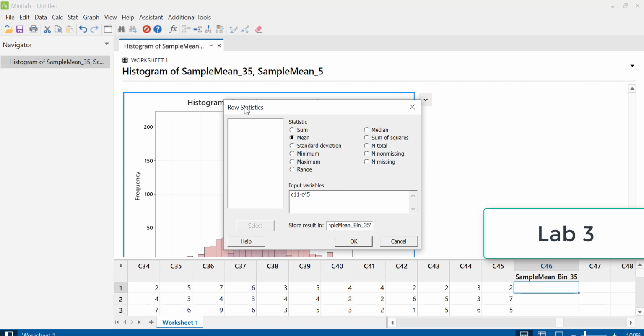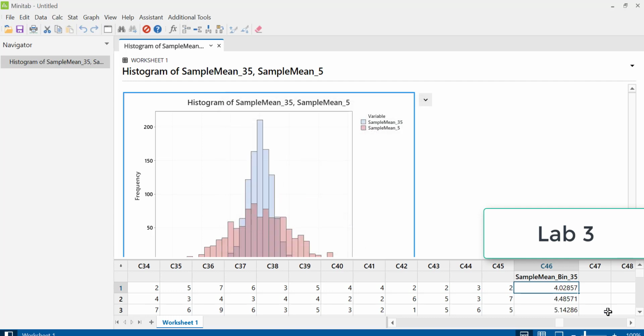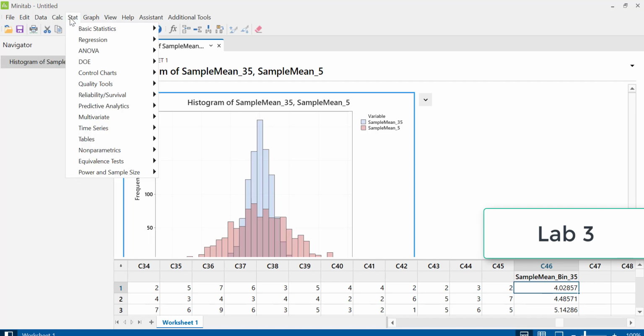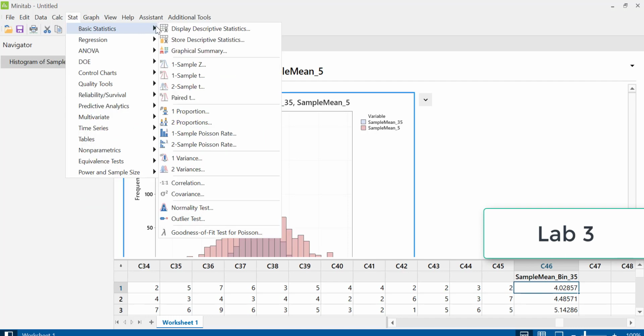So we calculate for each row the mean from column 11 to column 45. So this is the mean. And then we find descriptive statistics. We know the sample mean is 1,000 sample means. This is also a random variable, okay? Because every time this.